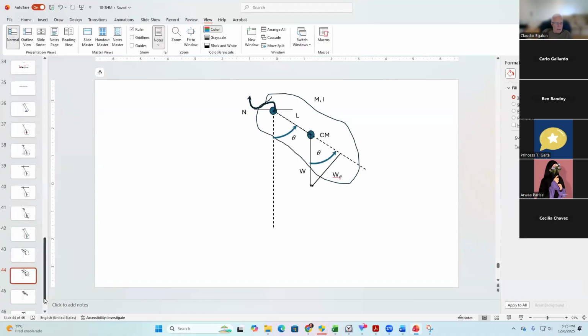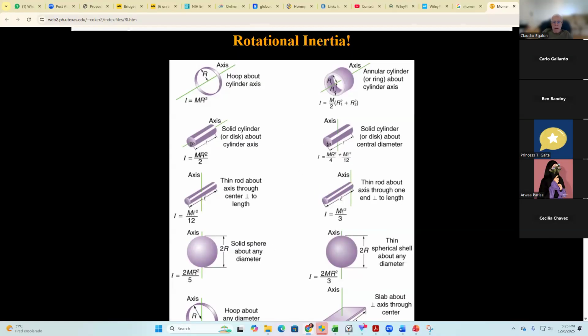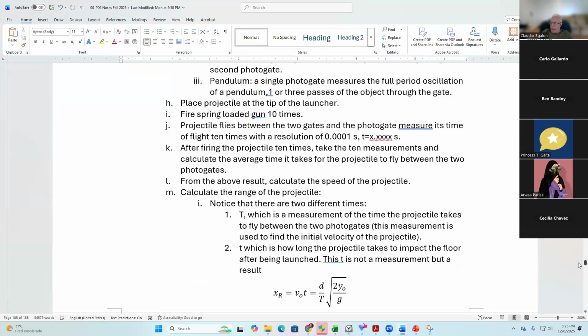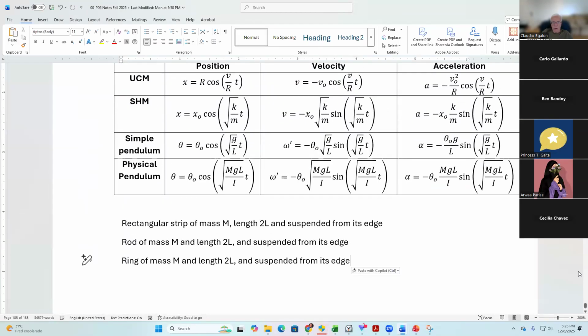For a rigid body, let's look at the rod first. For the rod, I is ml squared over 3, passing through the edge of the rod.